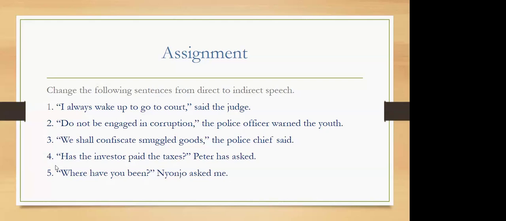Some people may also argue that they want to keep it in the past tense. It is also okay. As long as something is recurrent, someone can be reporting it and it is still happening, yet it also happened in the past. So someone can give that answer that Rajdeep has given. The judge said that he always wakes up to go to court.